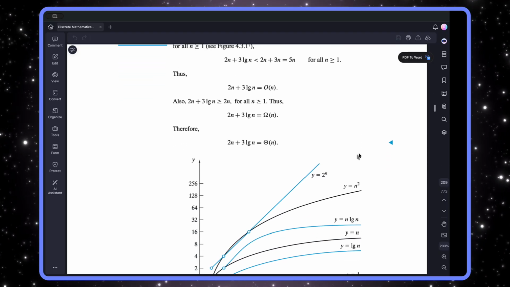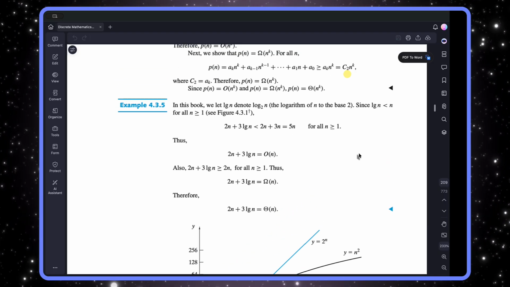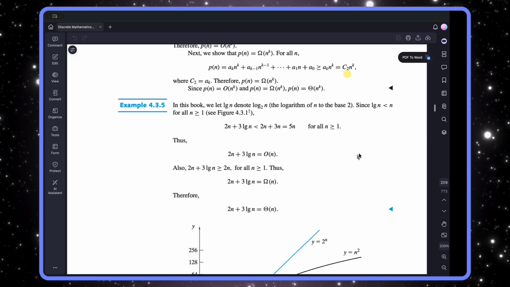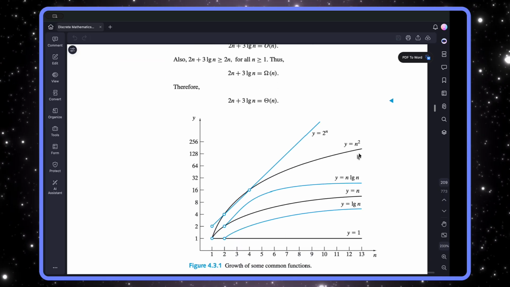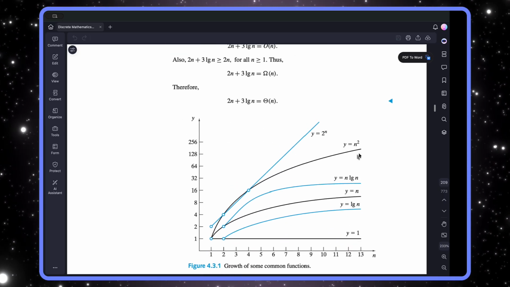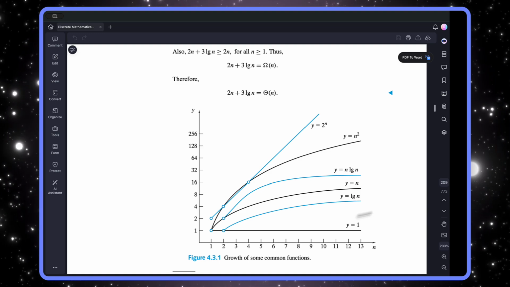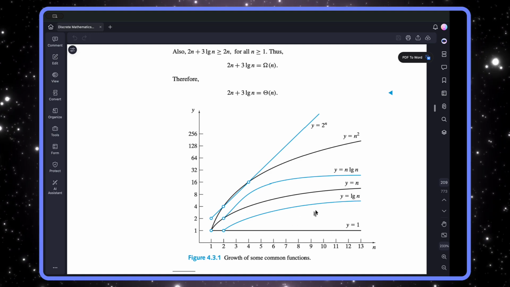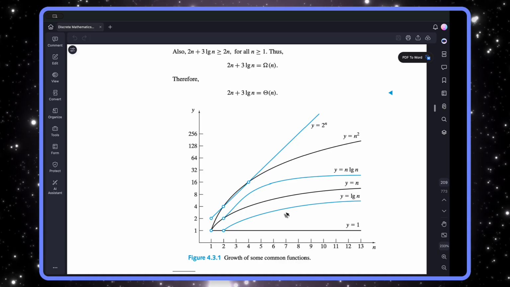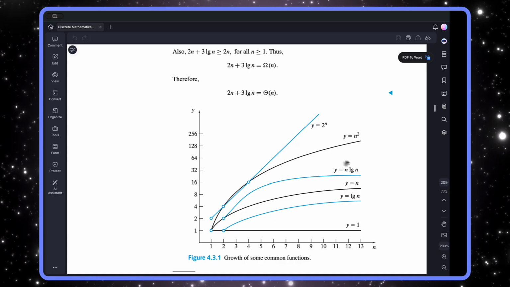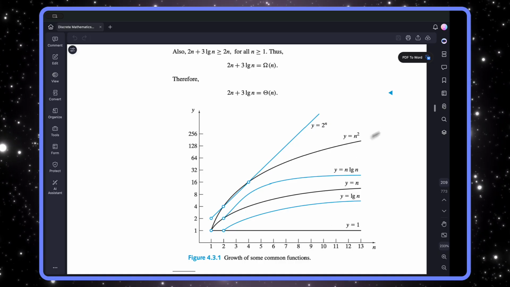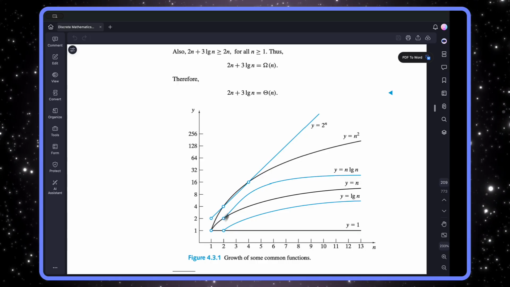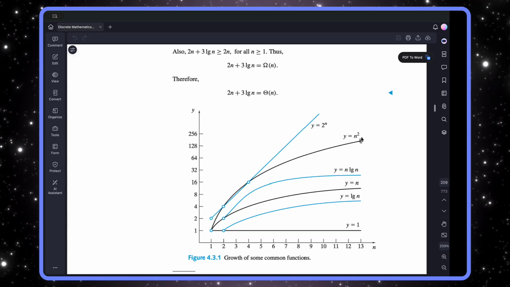Here are some functions that will arise as a result of our investigations, and you can see how these functions look. For example, one function we could see more or less grows like n squared.